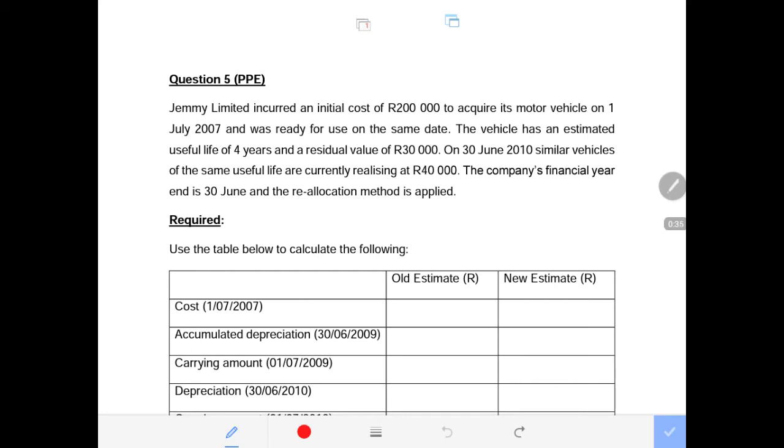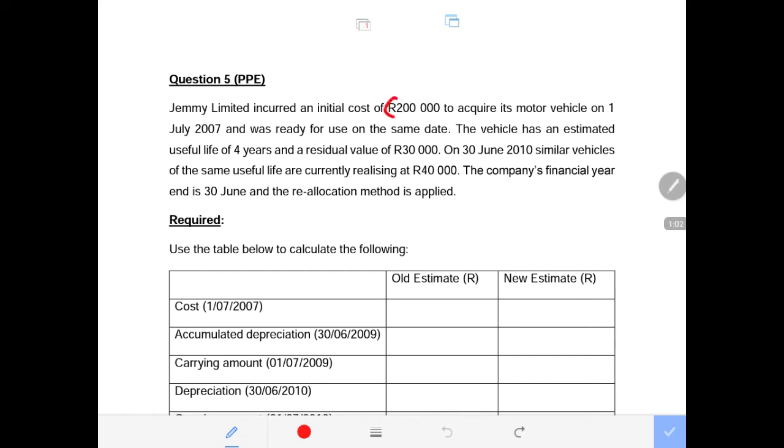Now, this is tangible assets, and it says Jemmy Limited incurred an initial cost of 200,000 rands to acquire its motor vehicle on the 1st of July 2007, and this asset was ready for use on the same date.